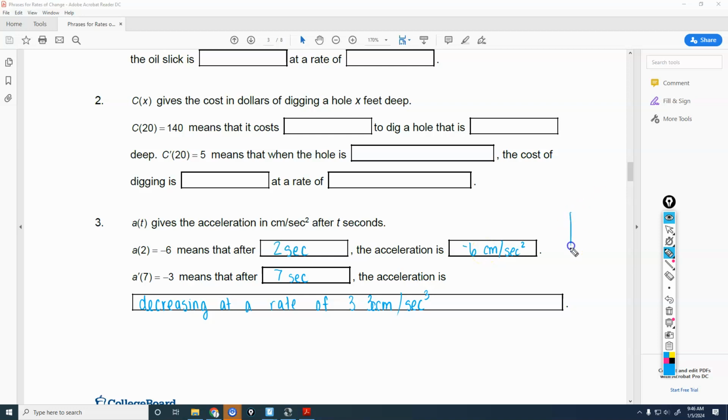If we're thinking of that acceleration graph, we got seconds here and centimeters per second squared here, and we're taking the derivative of that graph. So it is centimeters per second squared divided by seconds, which is centimeters per second squared times 1/seconds, which is centimeters per second cubed. So that's what we'll get for that.